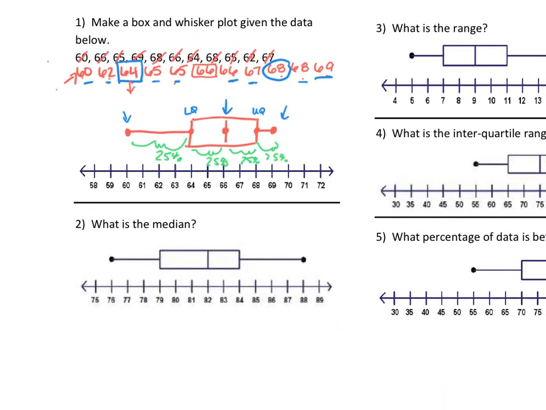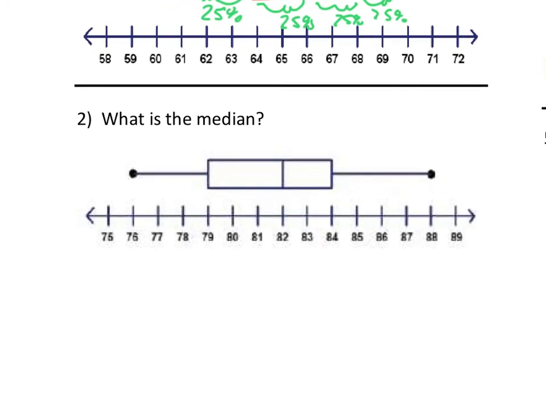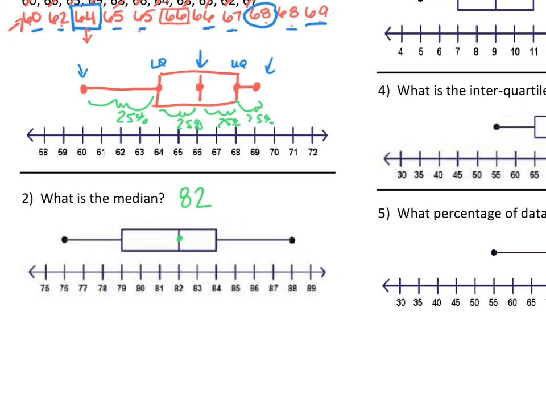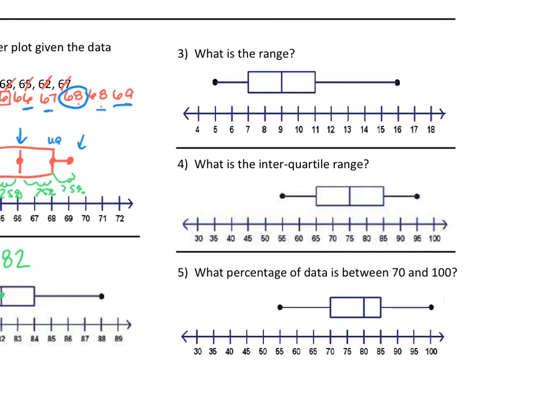Okay, so looking at number 2, what is the median? What did you say? 82. Okay, why? Because it's this piece right here. So the median is 82. Are you good with that? Okay. So look at number 3. What is the range? Yeah, because you have your biggest number dotted and your smallest number.